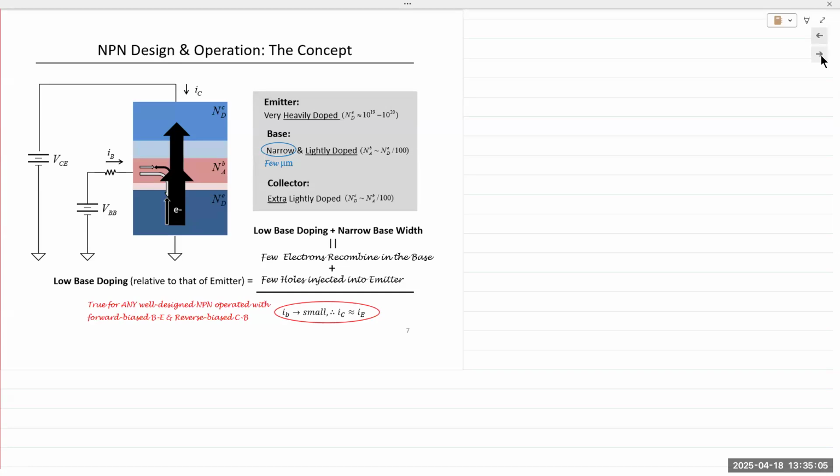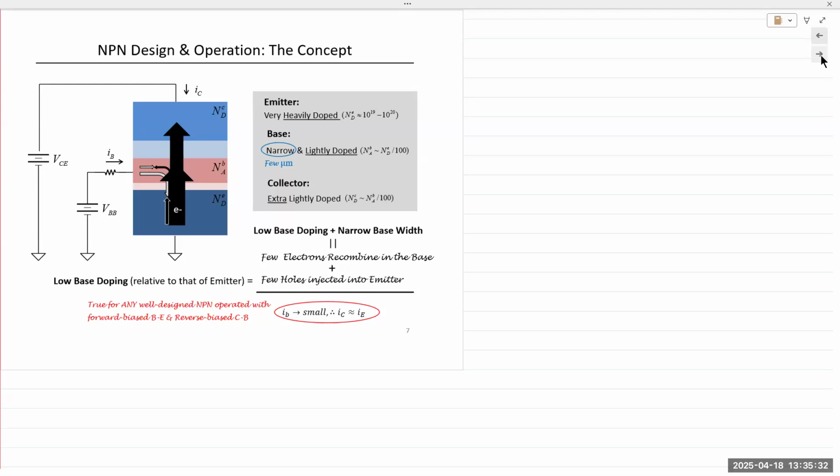Okay. In fact, in the physical construction, the collector is actually far larger than the emitter and the base. So you have the emitter that is embedded inside the base, which is inside the collector. Looking from the top of the surface, that's how it looks. So the collector is far larger in surface area compared to the emitter and compared to the base.